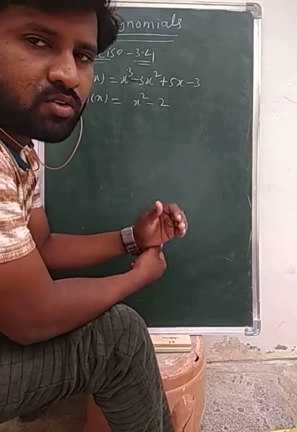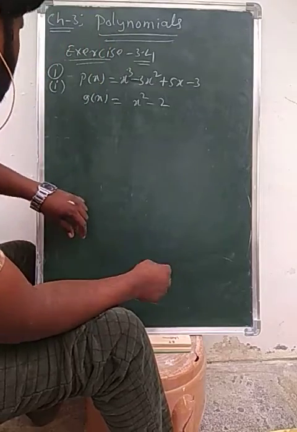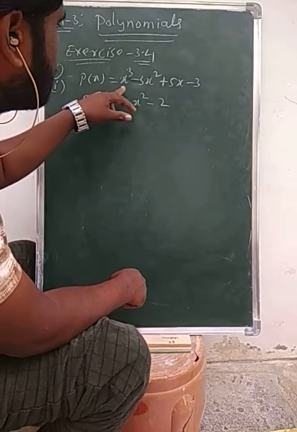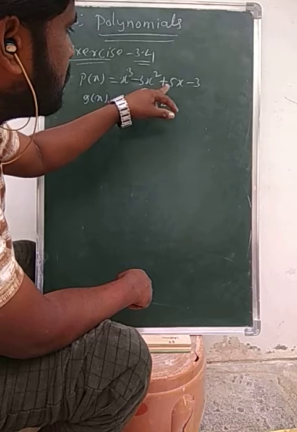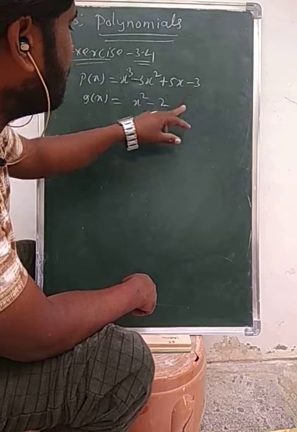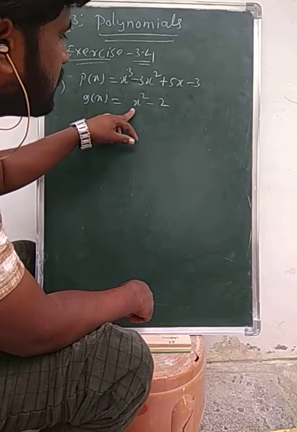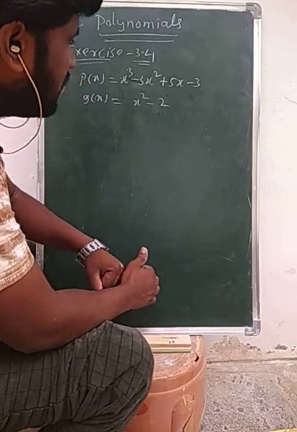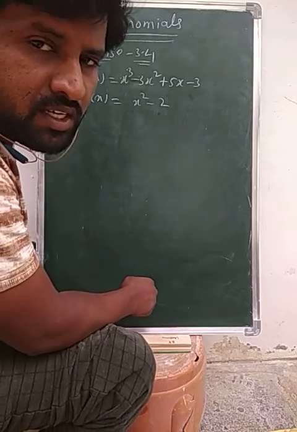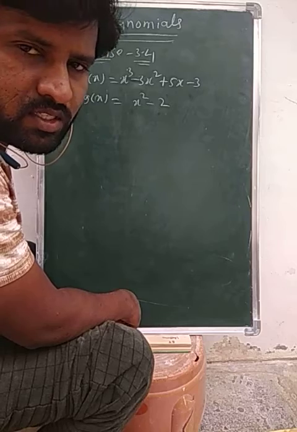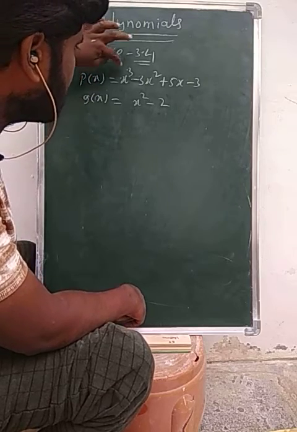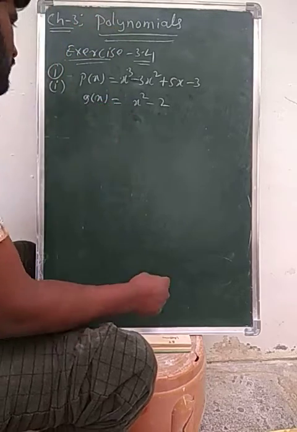Okay, students, what are the given two polynomials? That are p of x is equal to x cube minus 3x square plus 5x minus 3, and g of x is equal to x square minus 2. Now p of x is the dividend and g of x is the divisor. Now I am going to divide this polynomial by this one.